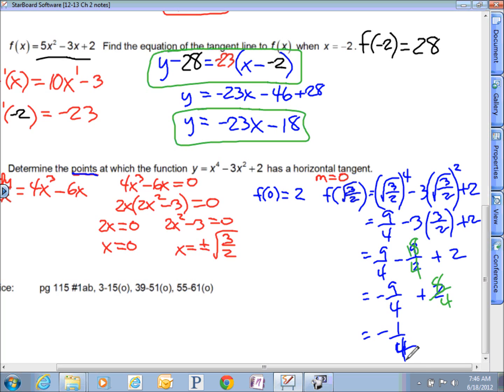But then we got to do this again for, oh wait, negative square root of 3 over 2. Whether we do a plus or a minus, we're going to get the same result because those negatives are just going to disappear. So what are the coordinates of my horizontal tangents?